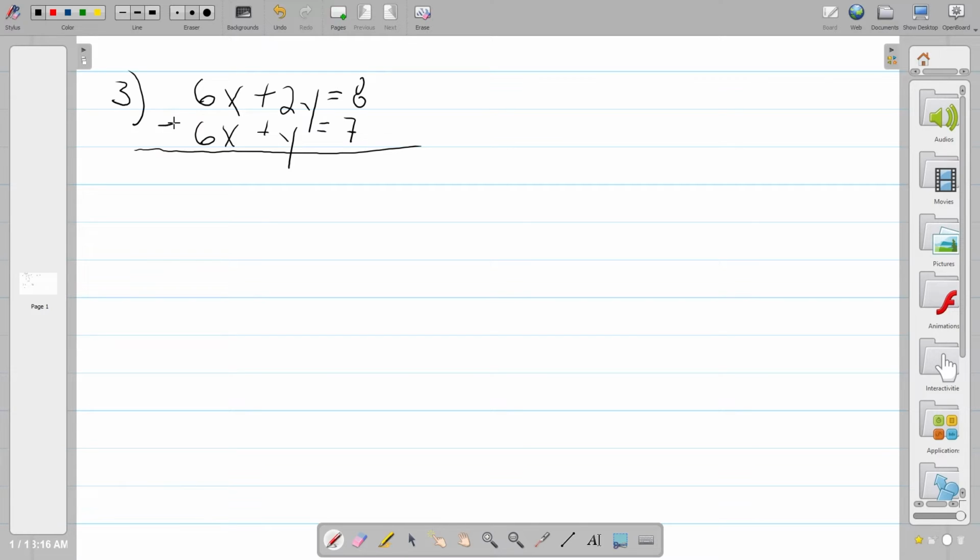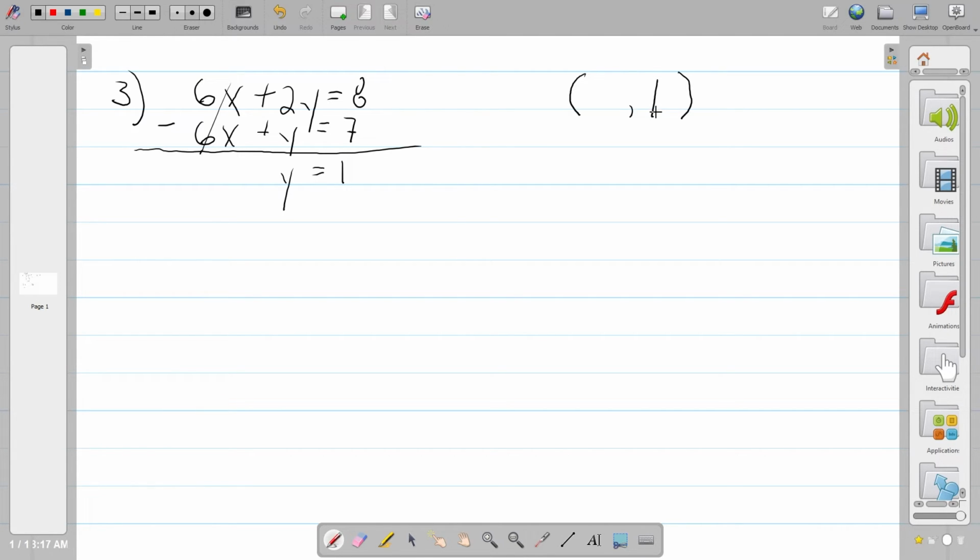So you're going to want to subtract. 6x minus 6x is 0x, so that's nothing. And then 2y plus 1y gives you 3y's. And I added, because I'm a goofy guy. 2y minus 1y leaves you with just 1y. Equals 8 minus 7 equals 1. So y equals 1. We have our ordered pair, comma, and then we have the 1.